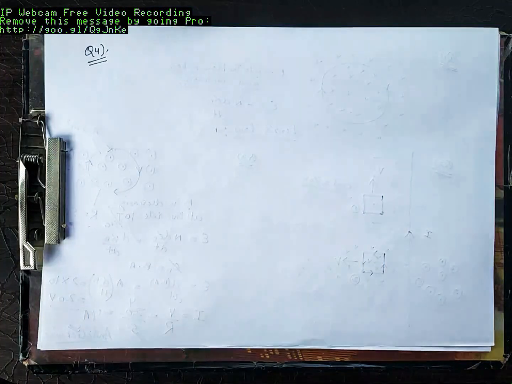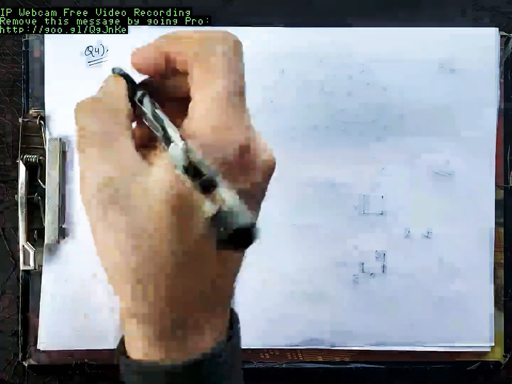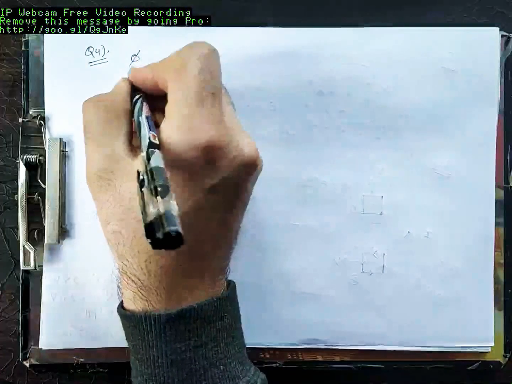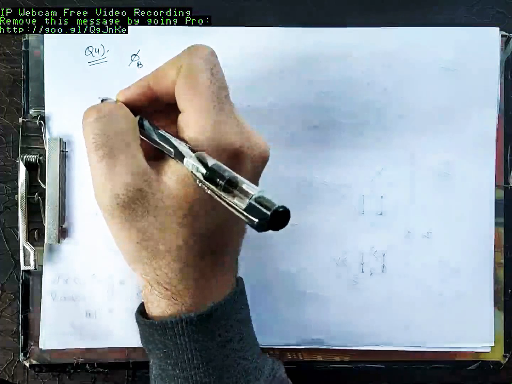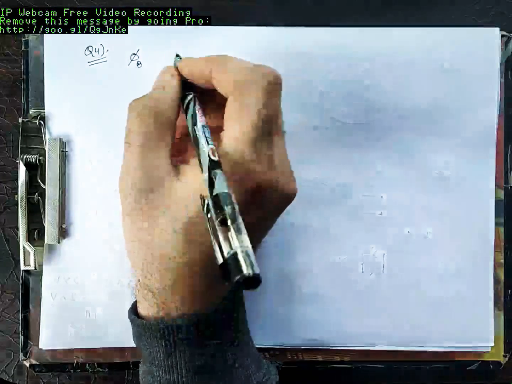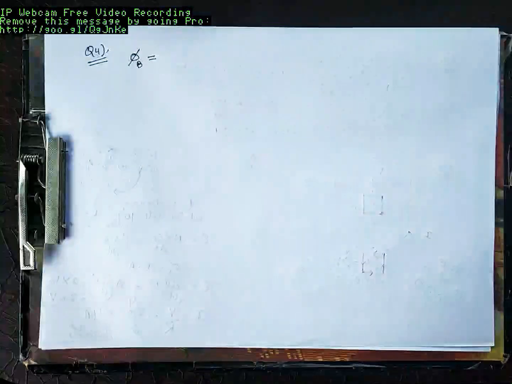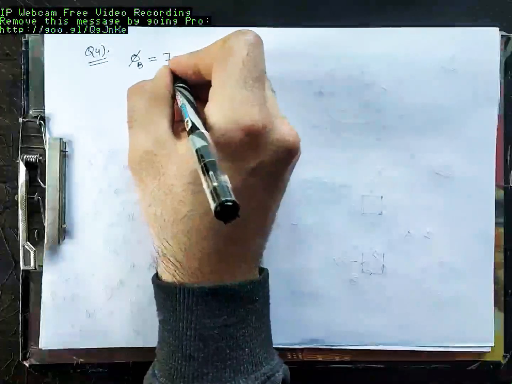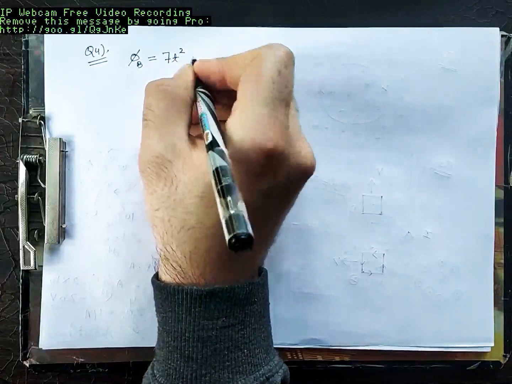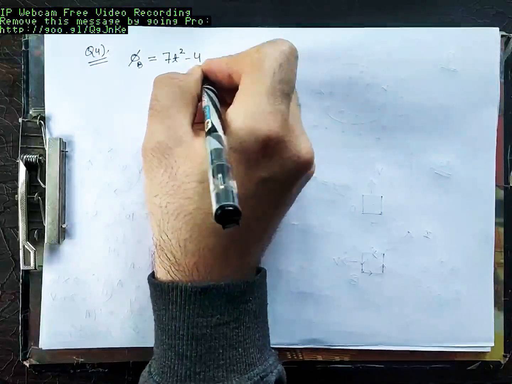It's given that in a circuit, magnetic flux φB is not constant, it is changing. Flux φB is equivalent to 7t square minus 4t.